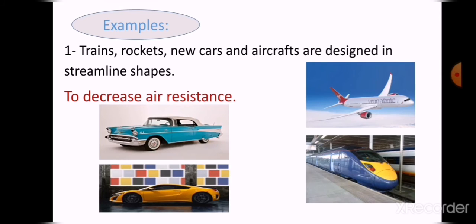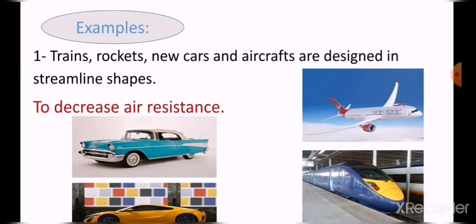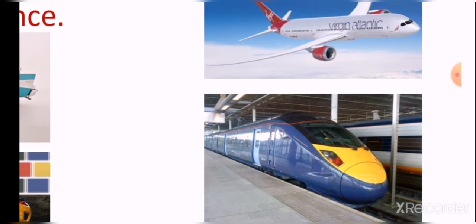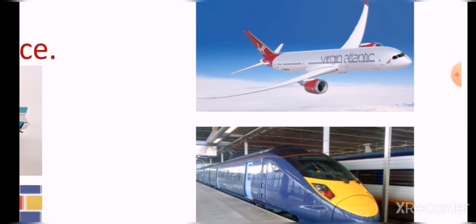There are some examples that show the surface area of the moving body. Number one, the trains, the rockets, the new cars, and the aircraft. All these means of transportation are designed in a streamlined shape. What does streamlined shape mean? Like this train, it's a modern train, or this plane.